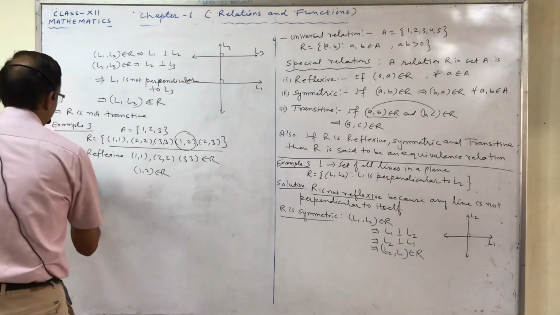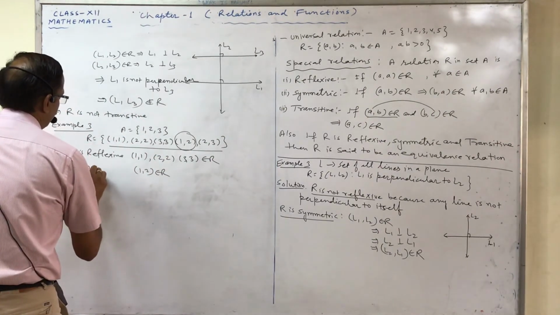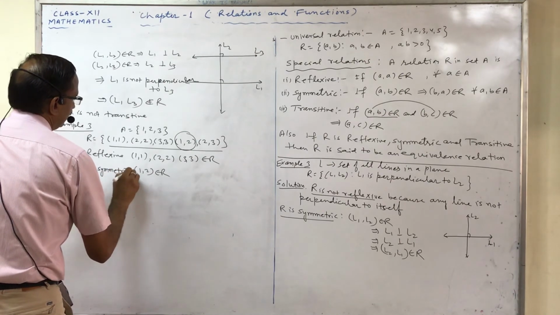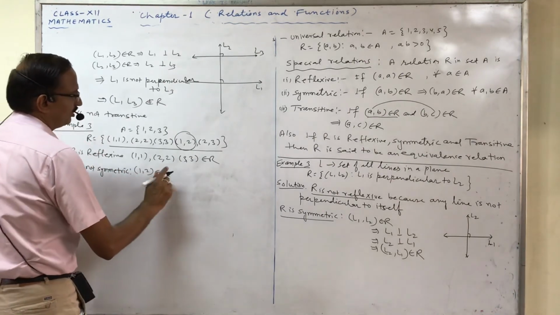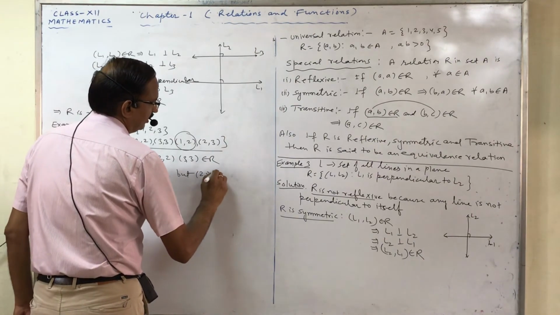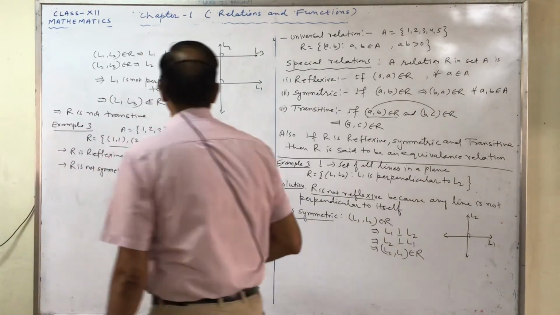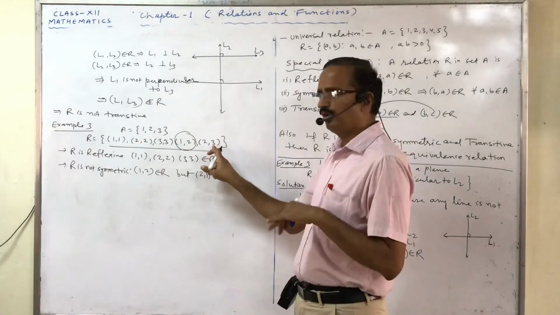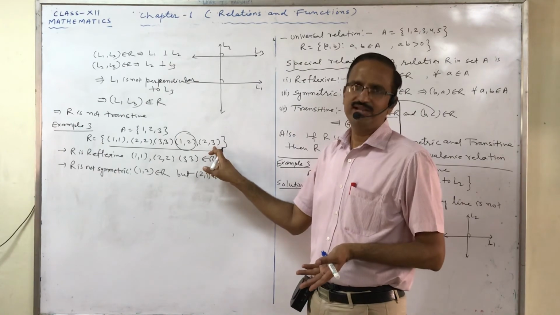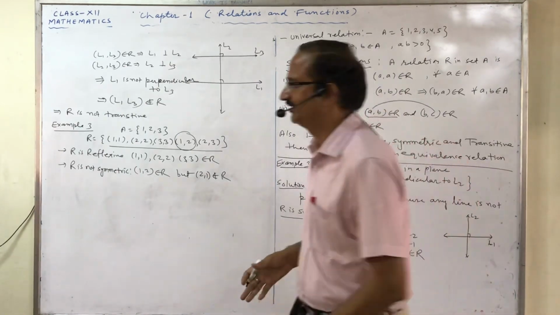So we can say R is not symmetric. Why it is not symmetric? Because (1, 2) belongs to R, but (2, 1) doesn't belong to R. Similarly, (2, 3) belongs to R, but (3, 2) does not belong to R. That's why it is not symmetric.